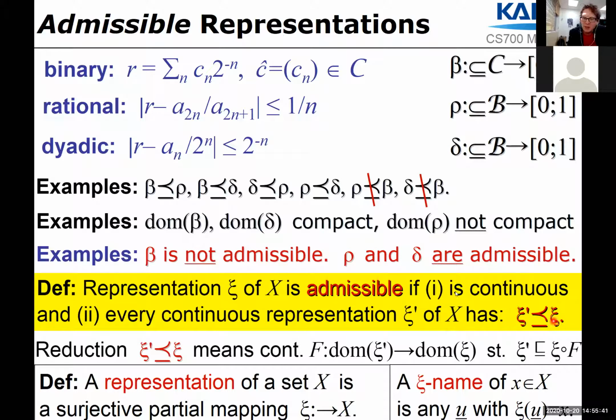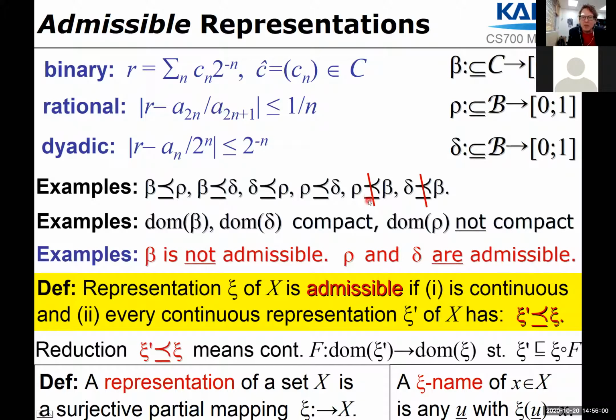Well, let's check the first condition. Is it continuous? Yes, it is continuous. That's easy to see. So how about the second condition? Every continuous representation can be reduced to the binary representation. Now, unfortunately, this is exactly what fails here.